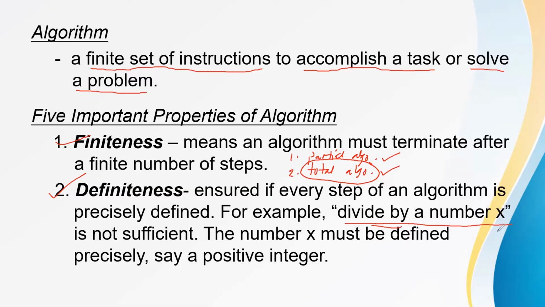Okay? So in that way, you are certain that x is a positive integer, not just any number, but a positive integer. So again, the instructions must be precisely defined. That is what we mean by definiteness.